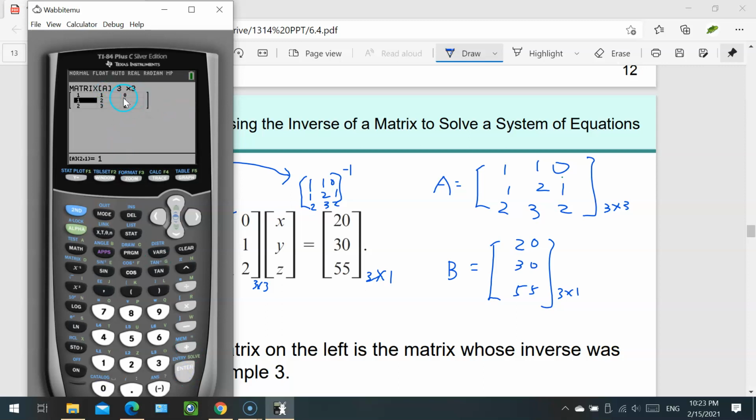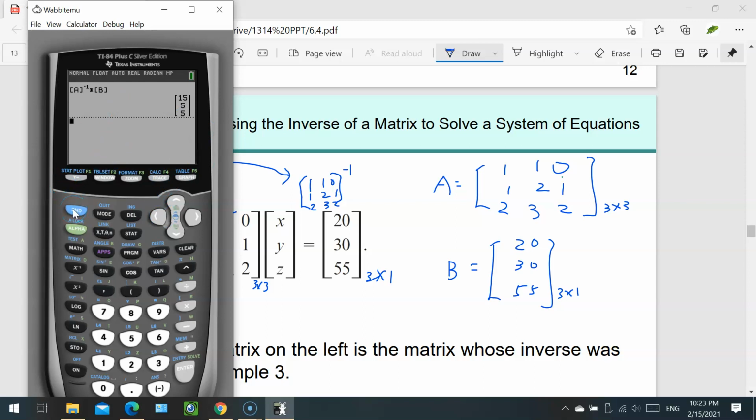And you do the same procedure for the rest of the elements. Once you have the matrix complete, you need to click on second, quit, and go back to the front page.